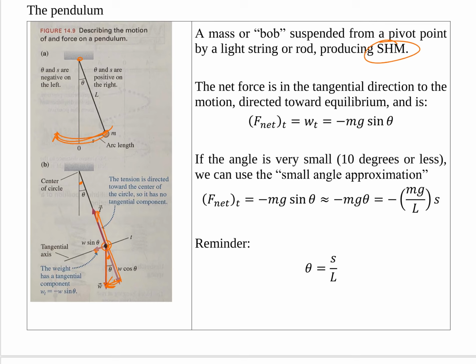Okay. So the net force is in the tangential direction. This is the tangential direction right here, tangent to the direction that it is moving. So F net equals the tangential weight, which is the weight times sine theta. So negative mg sine theta. Negative because why?